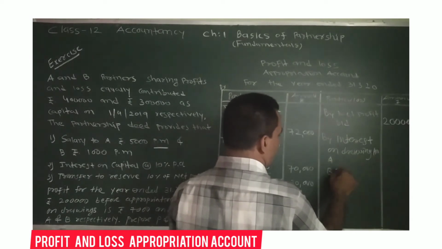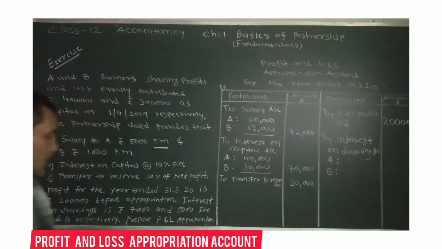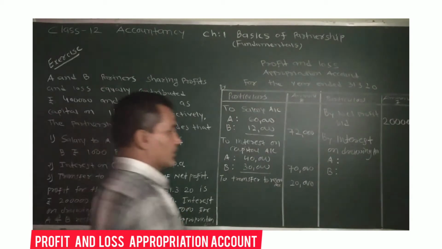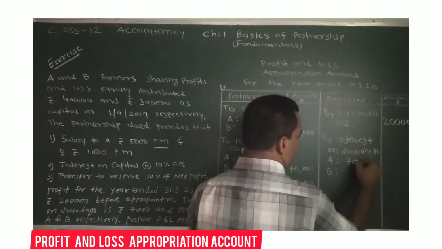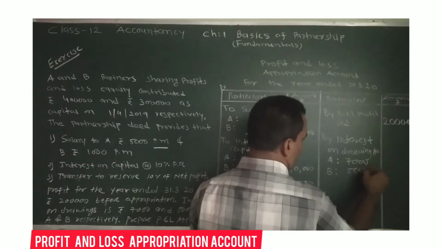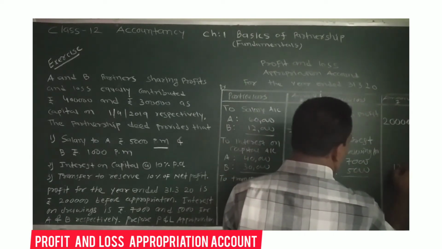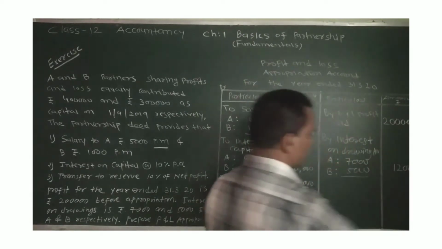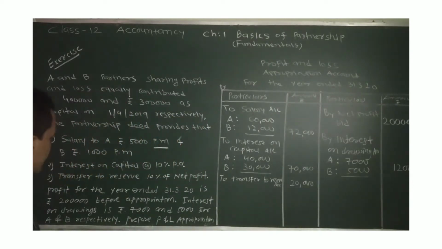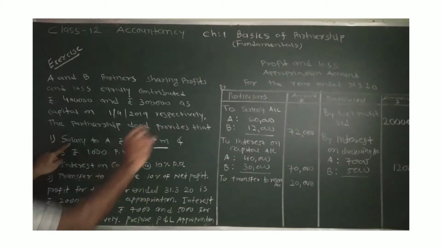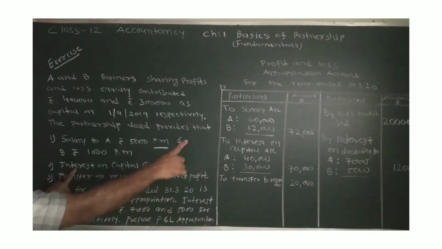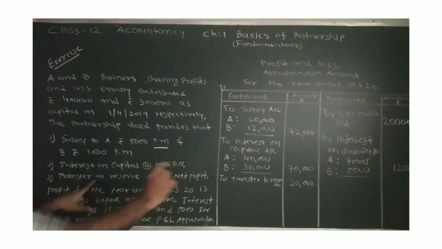Separately for A and B, the amount is given, 7,000 for A and 5,000 for B. So 12,000 interest on drawing. So we recorded this profit on the credit side, interest on drawing on the credit side, salary debit side, interest on capital debit side, transfer to reserve debit side.